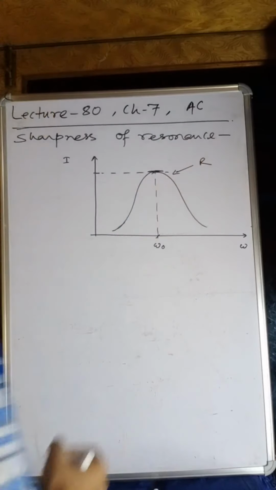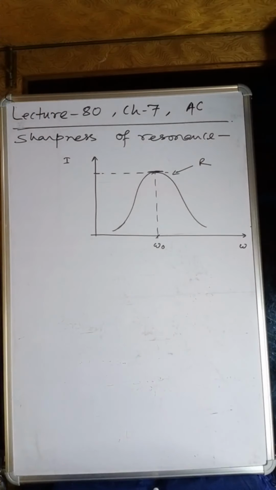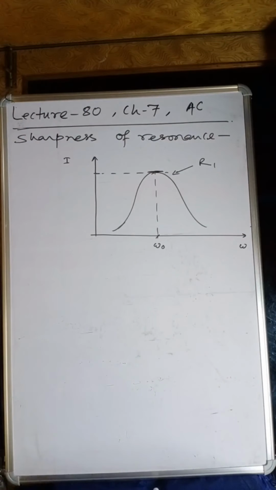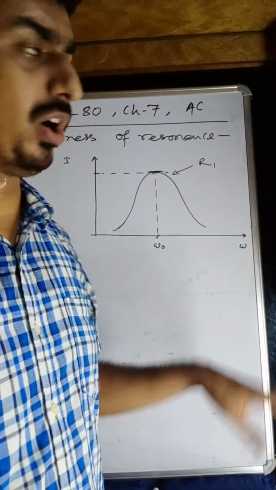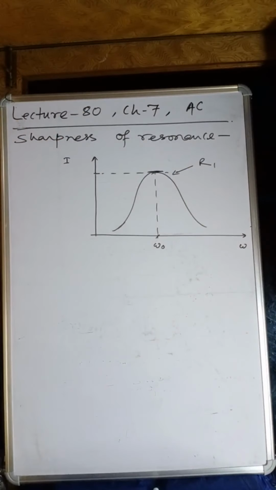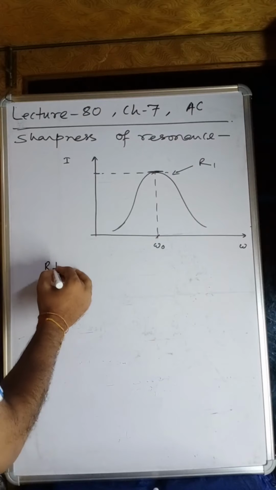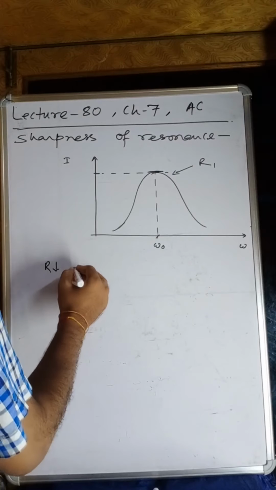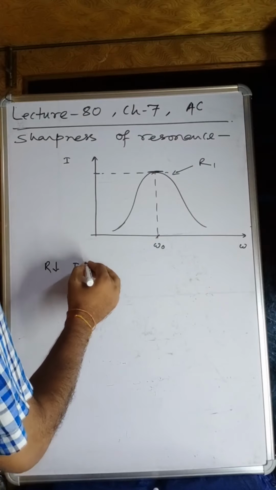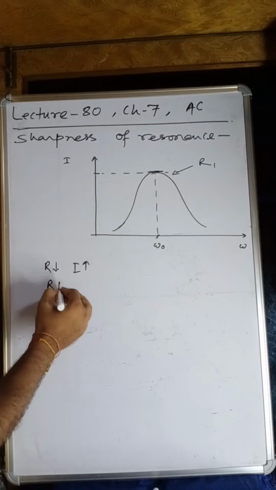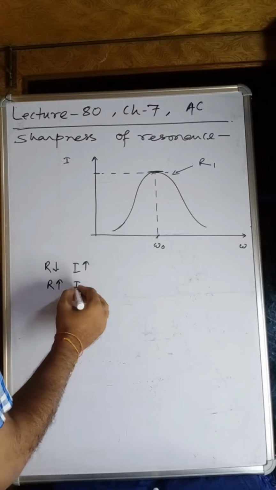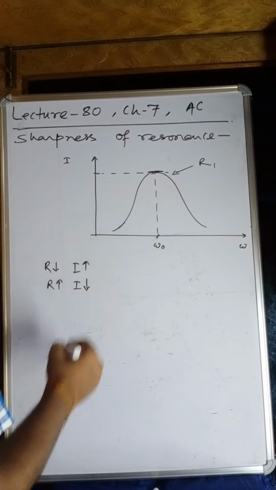resistance R. Alright, what will happen, my dear friends? Suppose this is R1. What will happen if we draw this graph for another resistance which is of a smaller value? We have studied that if we decrease the resistance, the current will increase, and if we increase the resistance, the current will decrease.